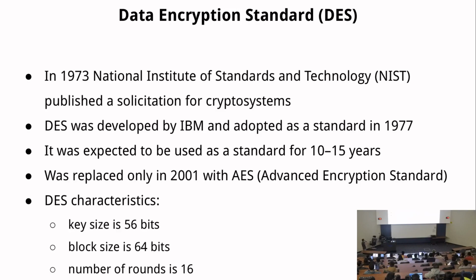DES was standardized in the 70s, and it was expected to be the standard for 15 years. Actually, it was used much longer than that, almost 25 years as a standard. So in the late 90s and early 2000s, NIST came up with a new solicitation to replace DES.